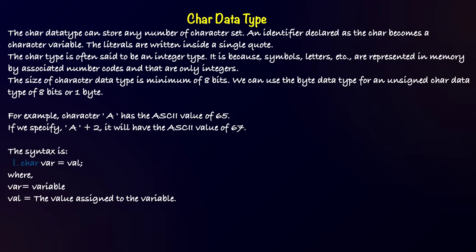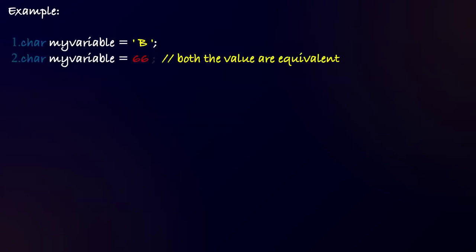Every few seconds, you will be working with these two. Example: char myVariable equal to capital B, and char myVariable equal to 66. That means both the values are equivalent, because we are assigning it.